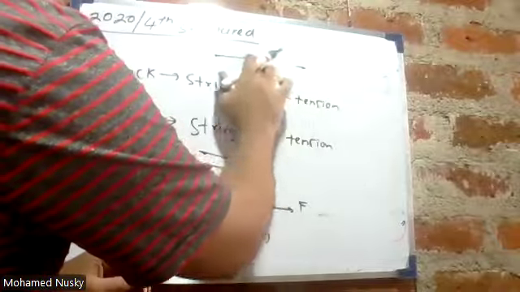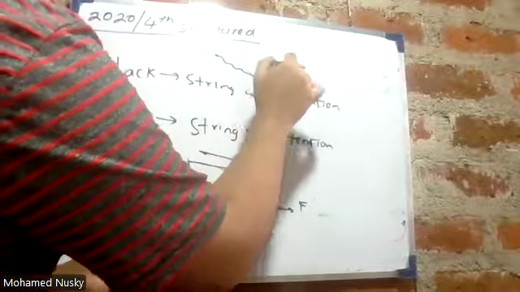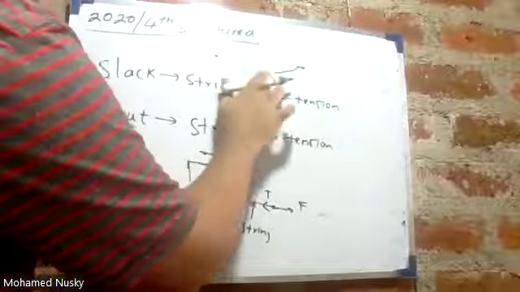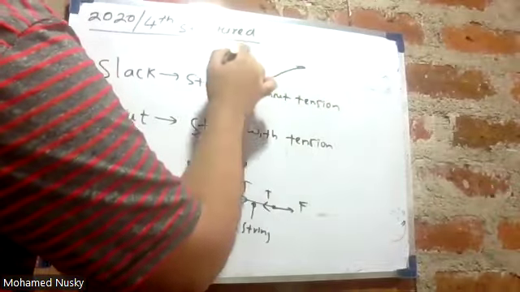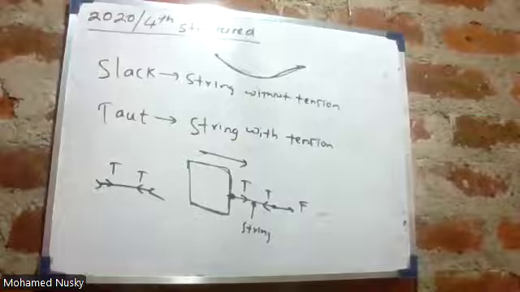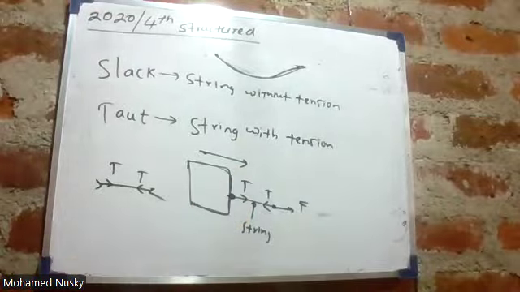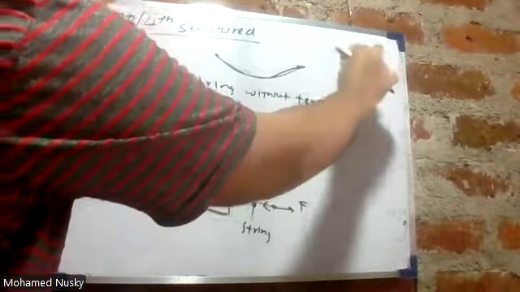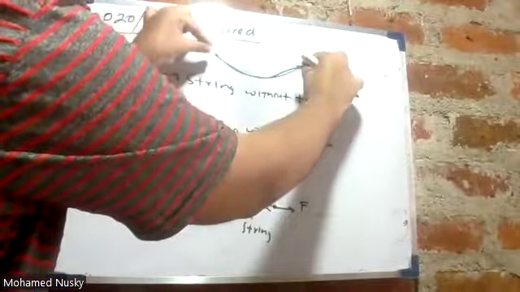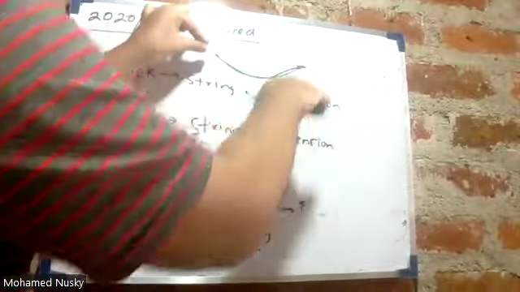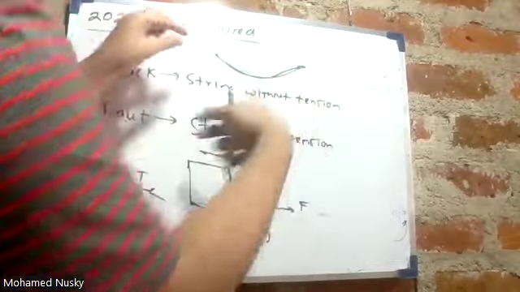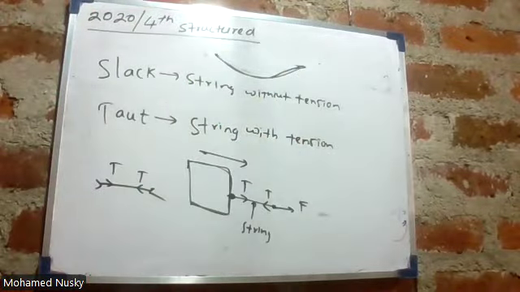As it is a very long string, the string will droop like this, and this is how the slack string will be. There won't be any tension. When I just touch it, because this is a long string, there will be a bend like this. There is no tension in that string.